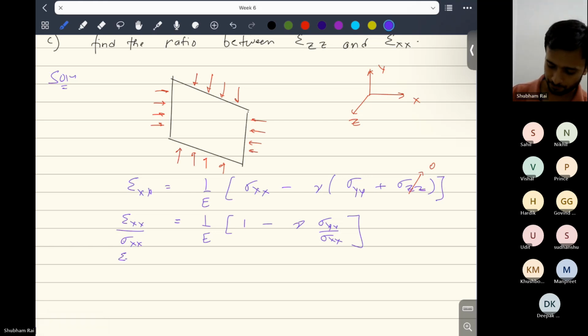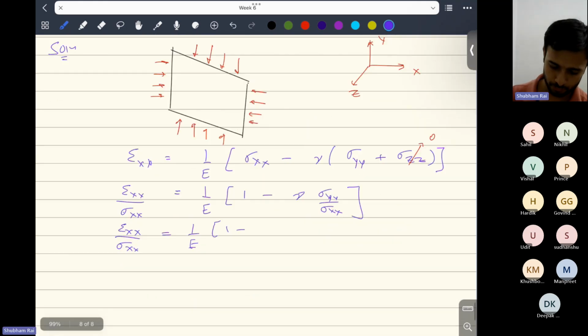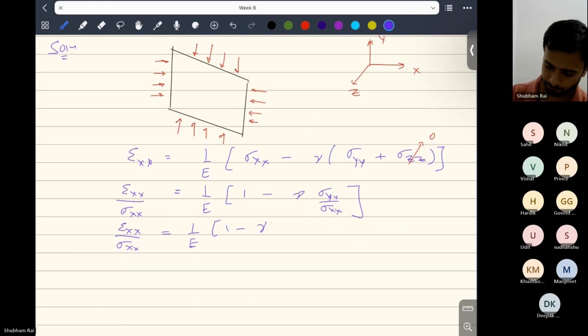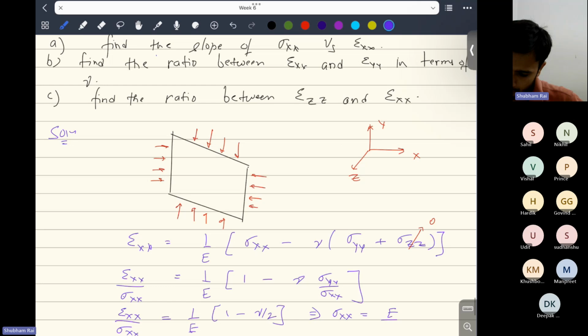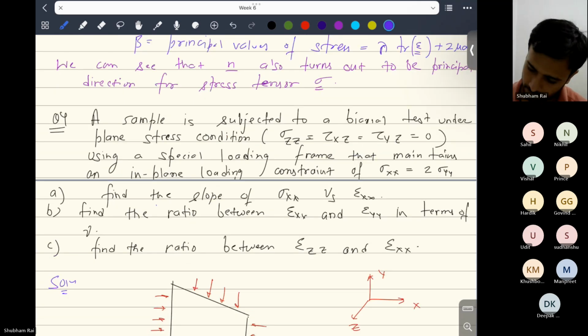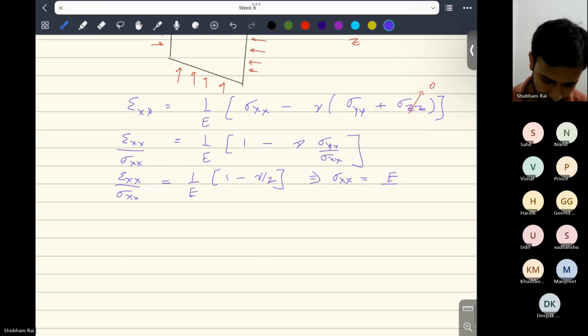So you will get epsilon xx over sigma xx is equal to 1 over E times (1 minus mu by 2), because sigma xx is twice of sigma yy, so the ratio should be 1 by 2.